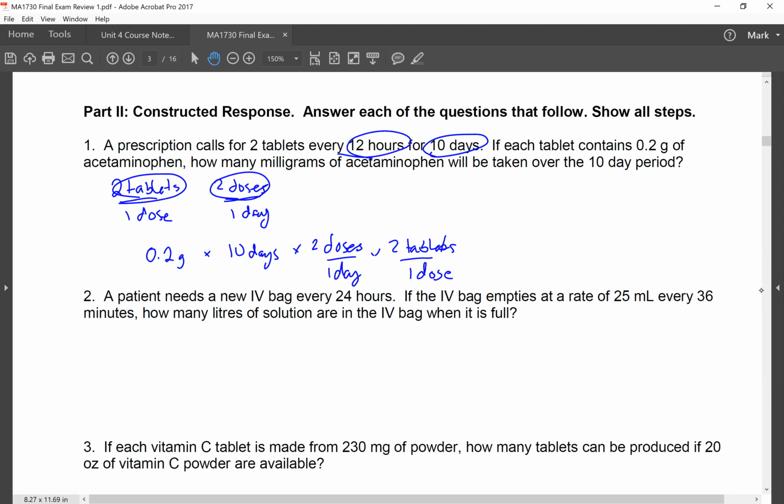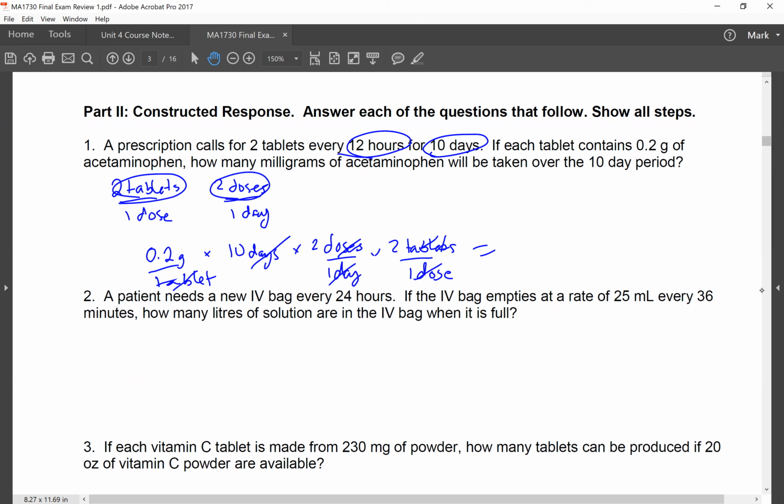This will tell us how many grams we've taken total. So let's see how many grams, not milligrams, we've taken total. So 2 times 10 times 2 times 2, we get 80 grams. So days cancel, doses cancel. This is 2 grams per tablet.